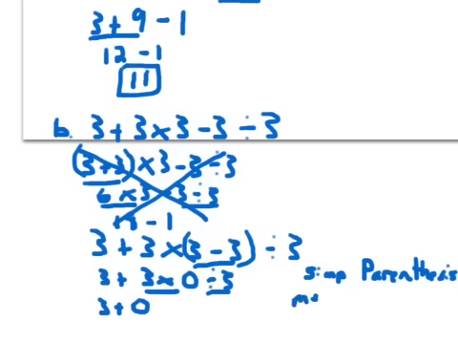So we got multiply and divide left to right. And now, the last thing I need to do, and Mr. Ayers is almost out of space, is 3 plus 0, and that is 3, and I added.